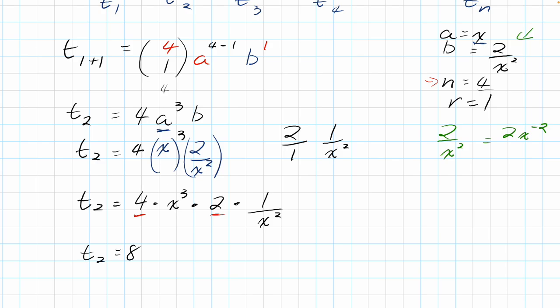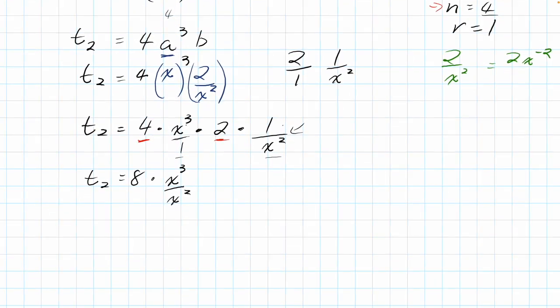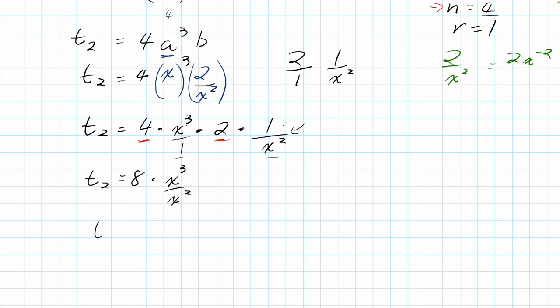Okay, and then I'll put these two together. I can make this a fraction, and the rule with multiplying fractions is numerator times numerator, and denominator times denominator. So x cubed times 1 gives me x cubed, and 1 times x squared gives me x squared. Now it's getting a little closer to that answer that you've given us.